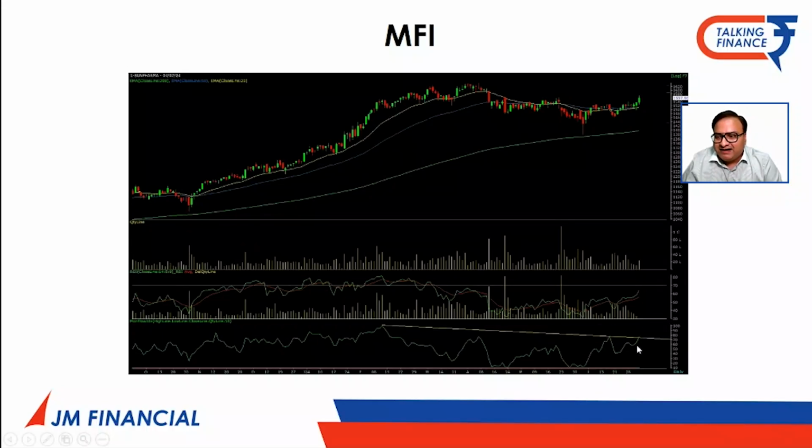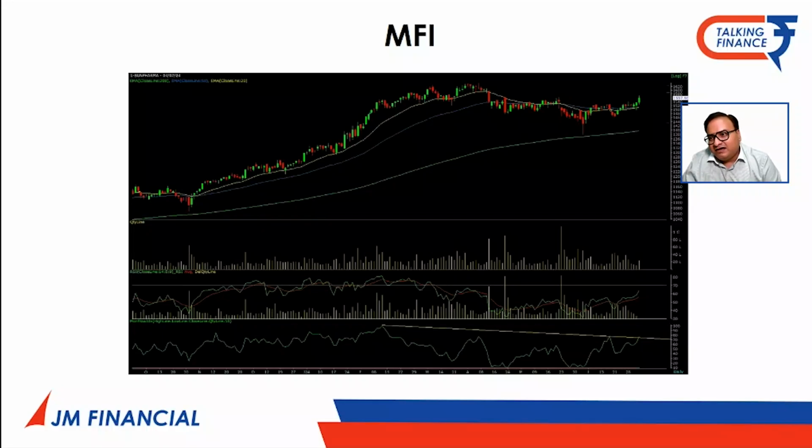RSI is shaping up, MFI is breaking out, and as we saw in today's session, the stock closed very firmly above the 1550 mark, and there was also a spike in the daily cash volume. This is an example of a breakout based on the technical indicators, and both RSI and MFI have given a positive signal in this stock, and we expect the stock to do well.